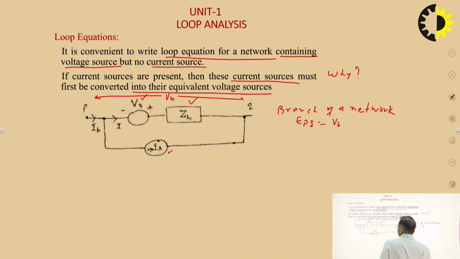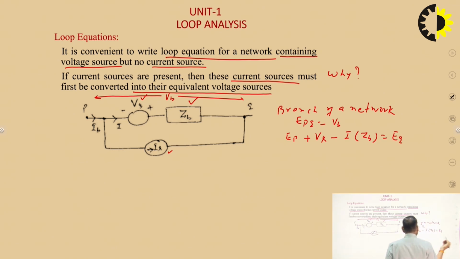So simply we write the loop equation starting with EP, the potential of point P. Then going from minus to plus, we get Vs, and minus I into ZB is equal to EQ.